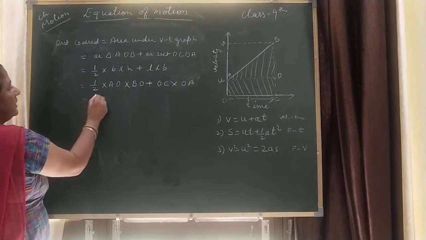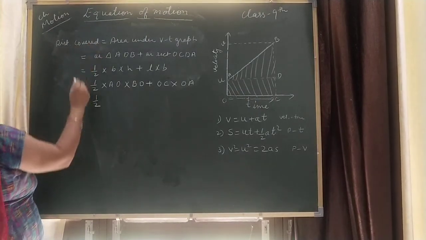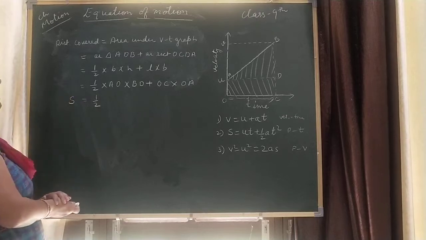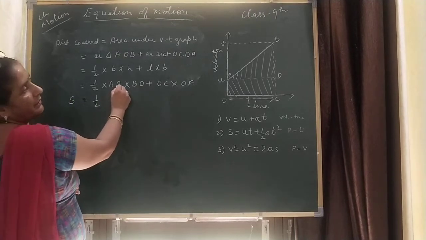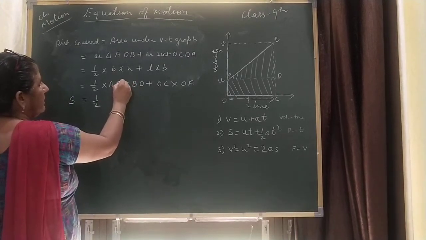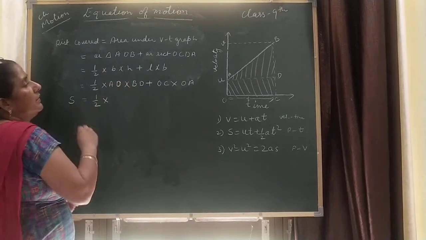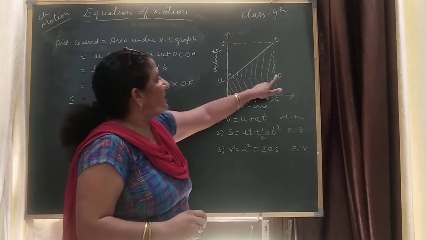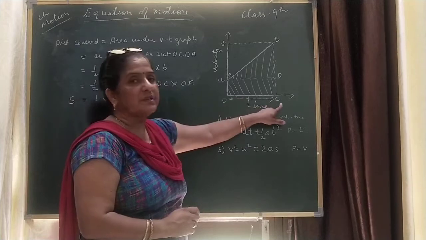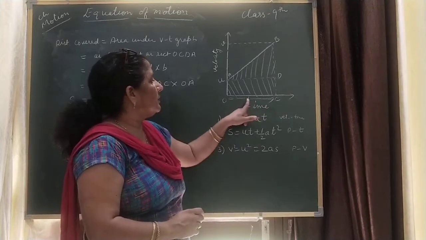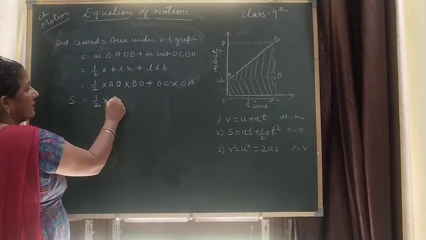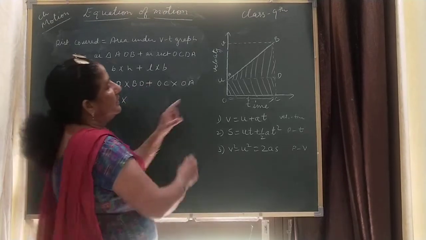Now this is equal to, let the distance covered be denoted by S, half AD. This is AD. This distance AD is equal to OC, and distance OC is equal to T, into BD.